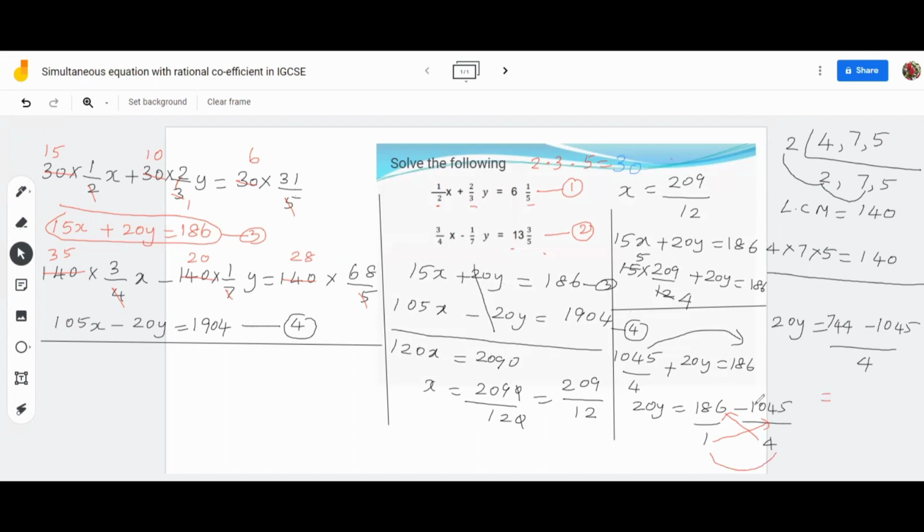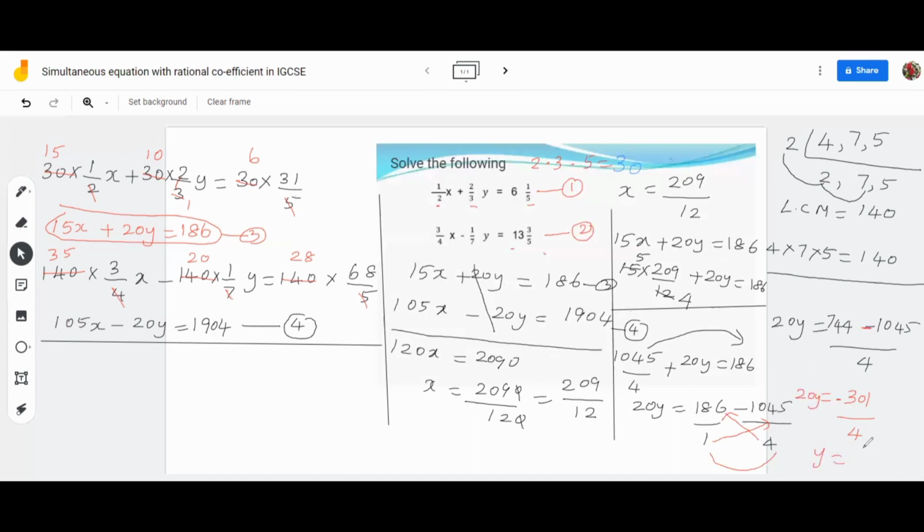If you subtract 1045 minus 744, what can you get? 301. 301 over 4. Here 1045 is the bigger number, so let me place a minus sign. 20y equals this.